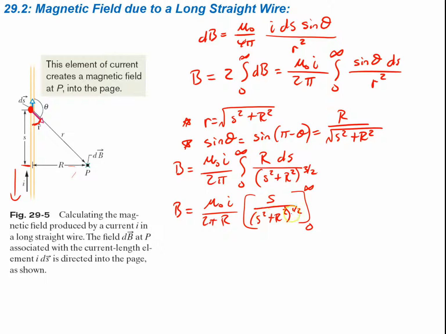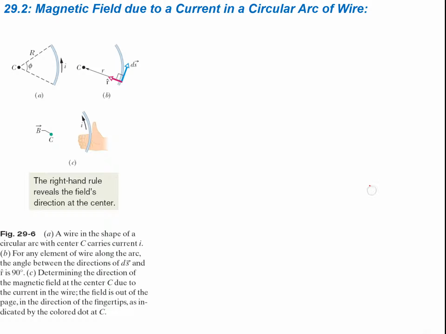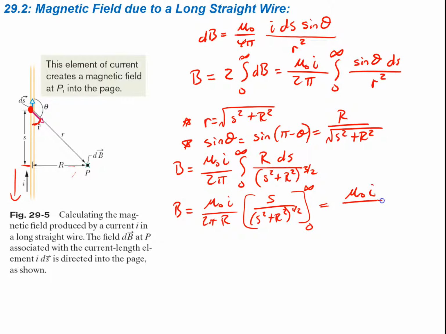So really you have s over s, which is 1. Now you have 1 minus 0, which is 1. So all you're left with is mu naught I over 2 pi r. That is equal to our magnetic field.